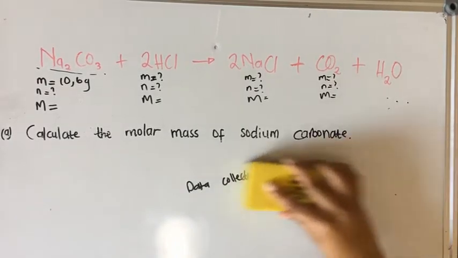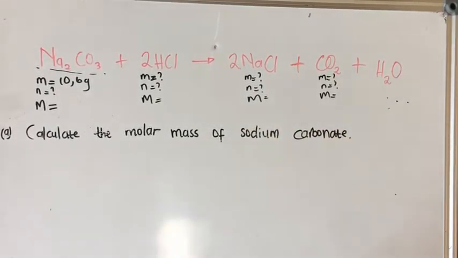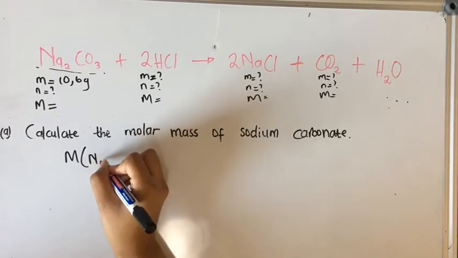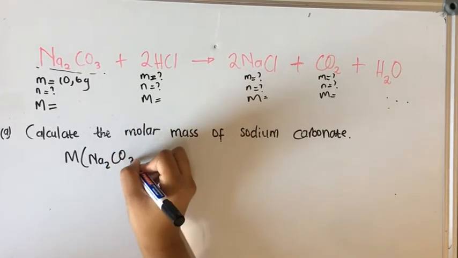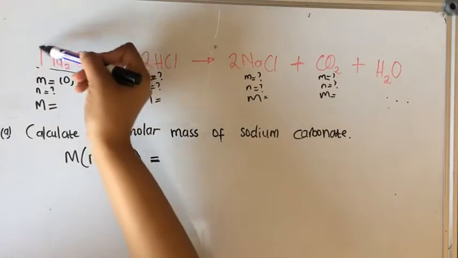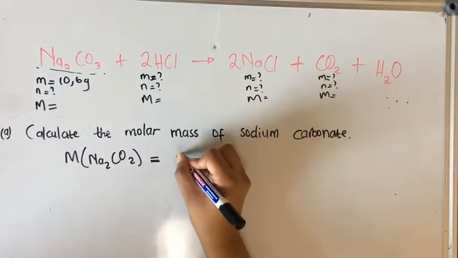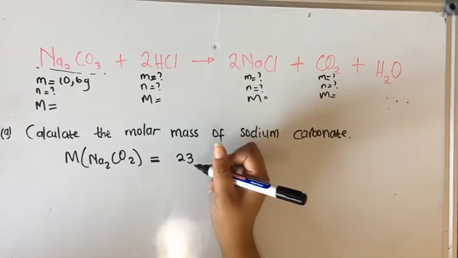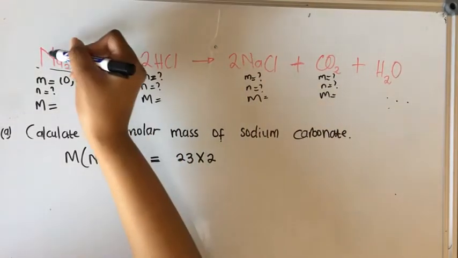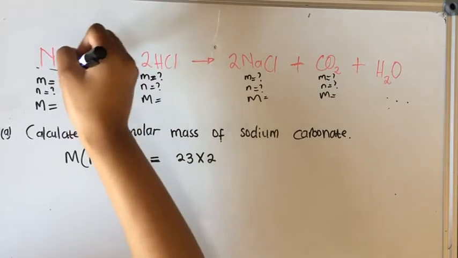Alright, so umbuzo wethu wokuqala uthi calculate the molar mass of sodium carbonate. So i-molar mass yethu si-calculate kanje, sizothi molar mass of sodium carbonate is equals to atomic mass yaga sodium, 23 multiply by 2. Why? Ngoba kunama sodium atoms ayi-2.